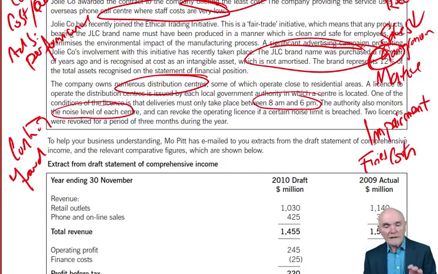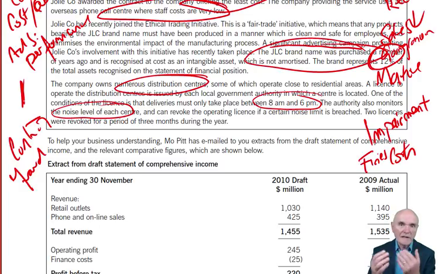So remember on the left here, this is business risk. Impairment is not part of business risk. Impairment is just changing a figure on the statement of financial position. Really, the impairment is an audit risk.